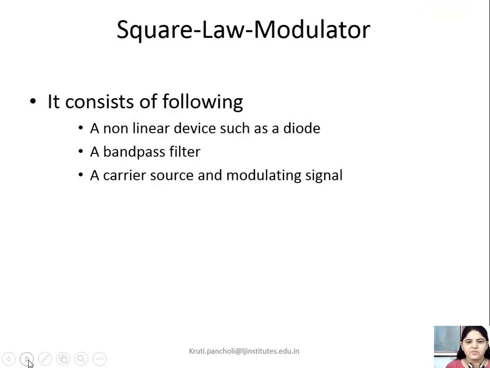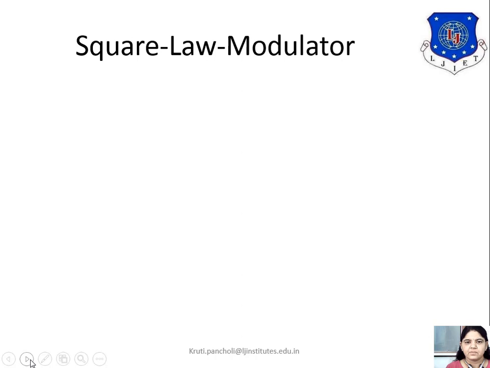It consists of the diode, a nonlinear element providing the nonlinear resistance value, a band pass filter which can pass the particular band of frequency and reject the other frequencies, a carrier source and a modulating signal.